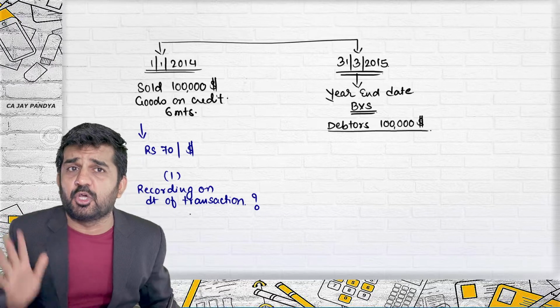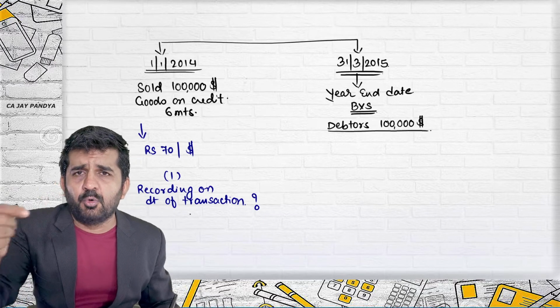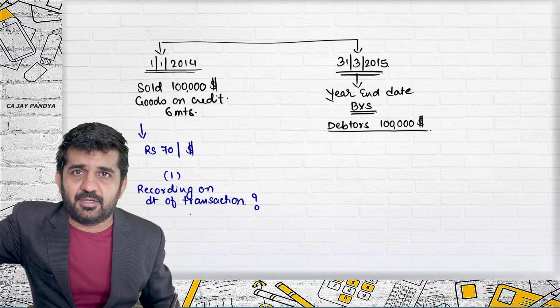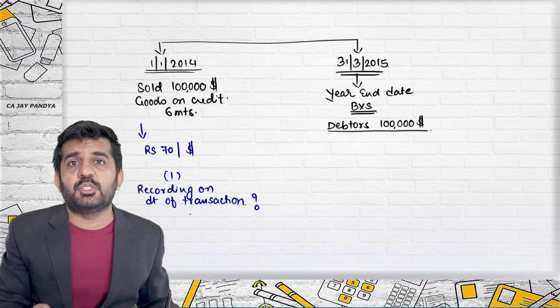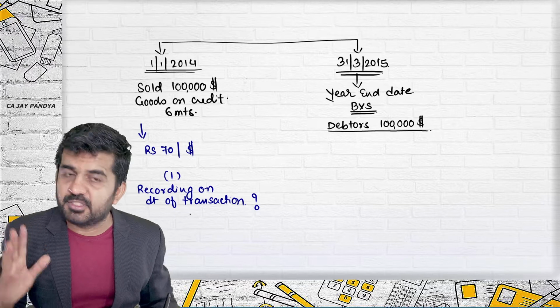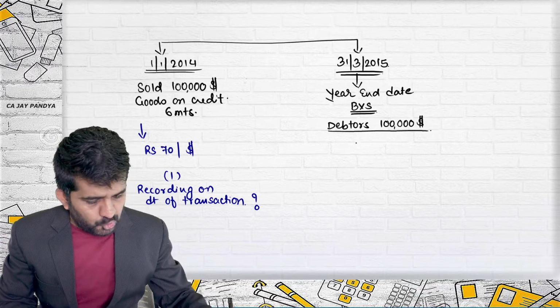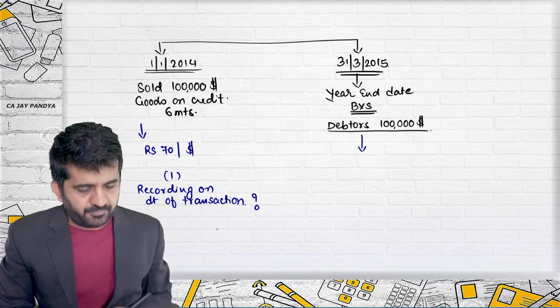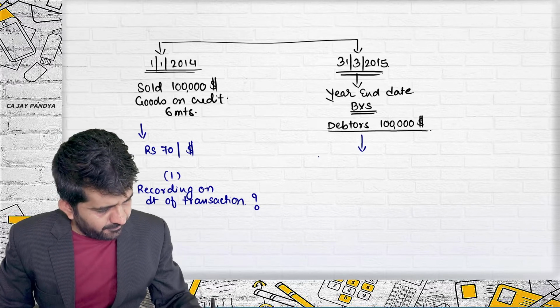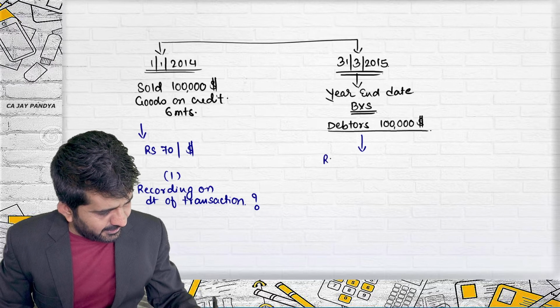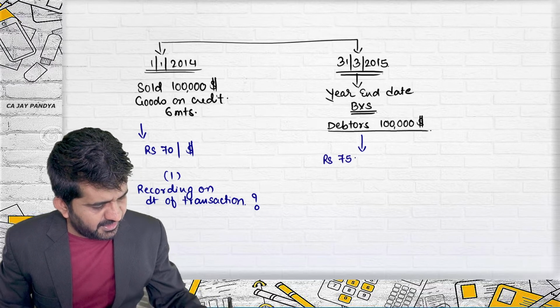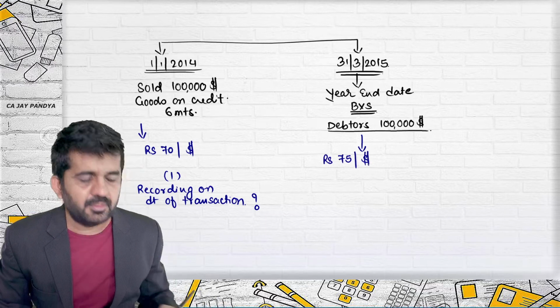Whatever you have written in your books of account, from whom you will have to receive, say Mr. Jack, how much money is to be received is $1 lakh. So your debtors are practically $1 lakh. So the problem arises on this date. The rate is rupees 75 per dollar.